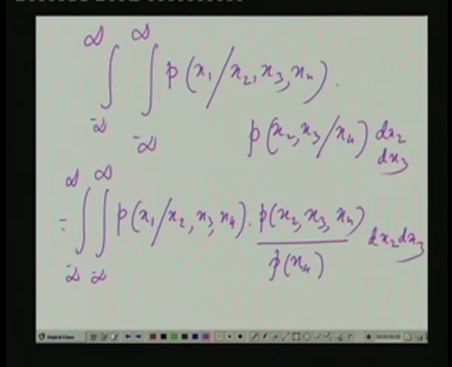Okay. This conditional density can be written as p of the joint density of x2, x3, x4 divided by just the probability density of x4, and they have combined the two. This conditional density of x1 given x2, x3, x4 multiplied by the conditional density of x2, x3, x4 will give rise to the joint density of all the 4 variables x1, x2, x3, x4. Okay.